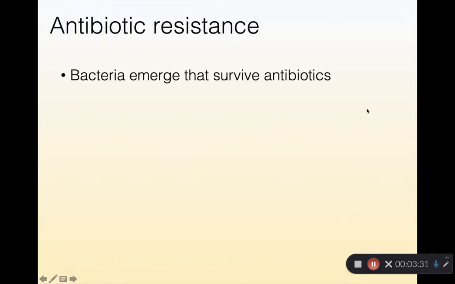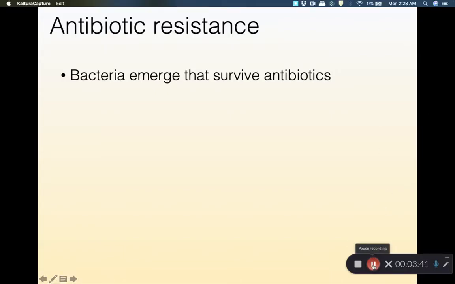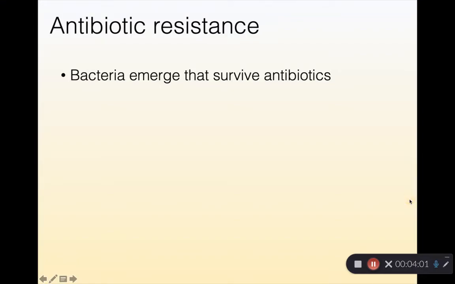So we know that bacteria can emerge that survive these types of antibiotics. So even in something that is so dramatic in terms of lysing those cell walls, bacteria can actually not really learn, but can emerge to survive those types of antibiotics. But how exactly do cells acquire the ability to do this?